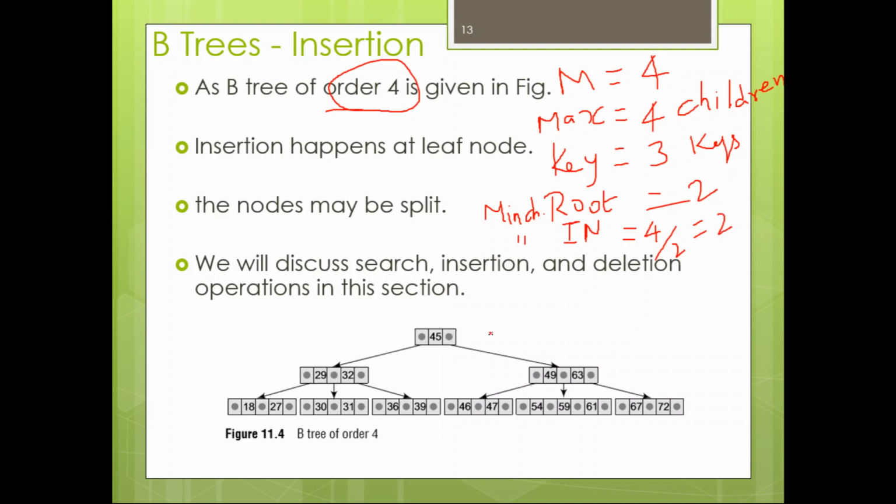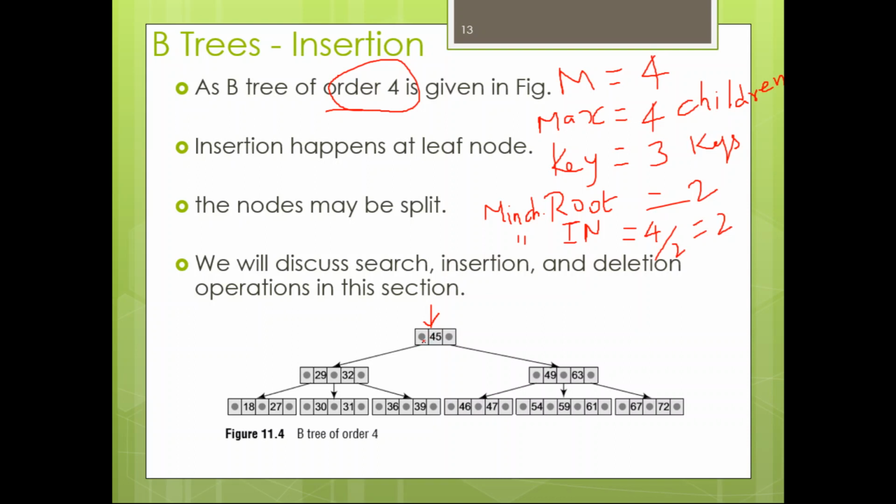Right? So the root can have a minimum of 2 children. If the root has 2 children, then it will have only 1 key value. You can see this tree has 1 key value, so 2 children. The key value is 45. It follows all the similar properties of a binary search tree.